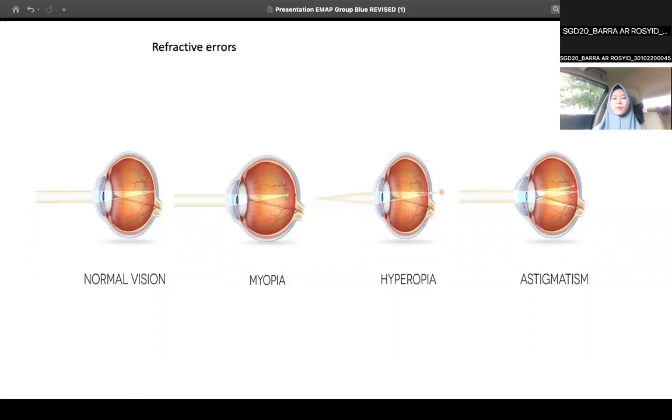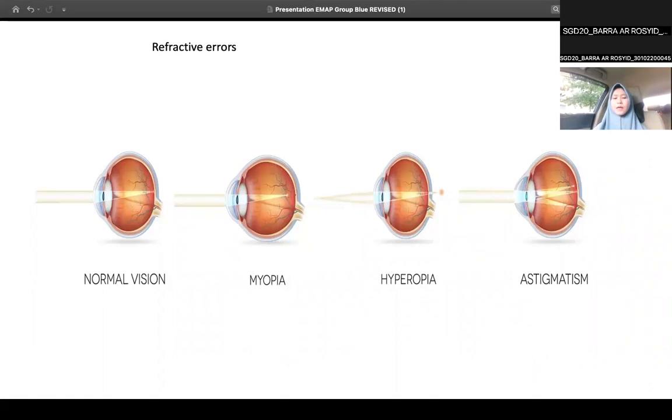Second, hyperopia or farsightedness means difficulty seeing things up close. Third, presbyopia, an age-related form of farsightedness that sometimes happens when the lens of your eye hardens over time. Fourth, astigmatism, or blurred vision at all distances.